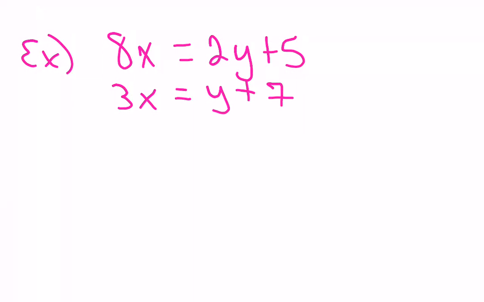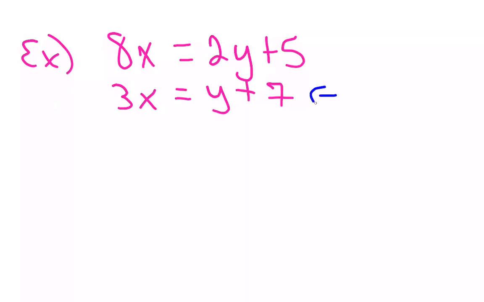So when we use the substitution method, it doesn't matter which letter, and it doesn't matter which equation. So it's kind of up to us to choose. So we could either substitute the x, we could substitute the y, and we can substitute the second into the first or the first into the second. Really doesn't matter.